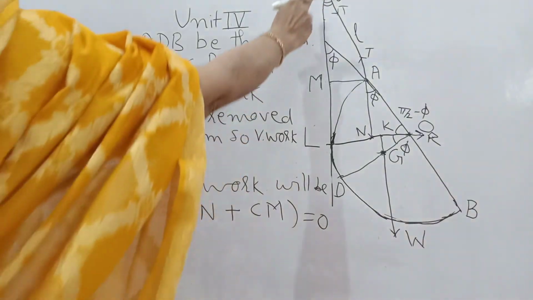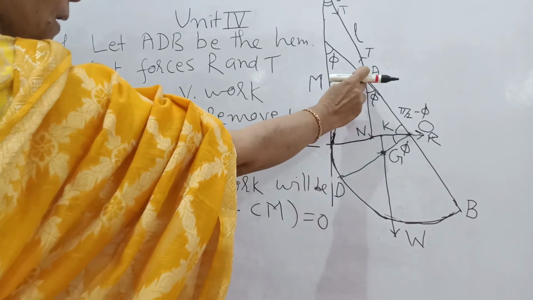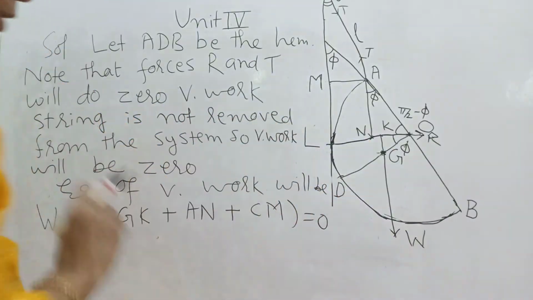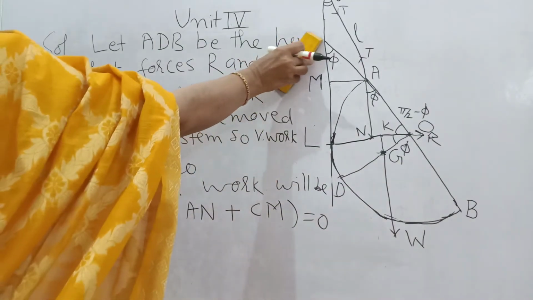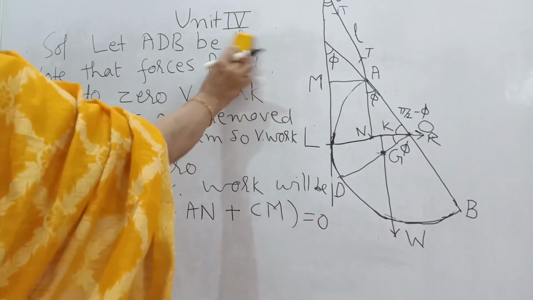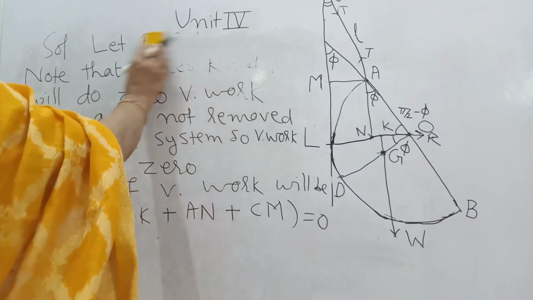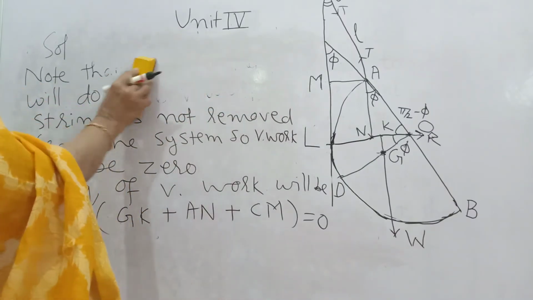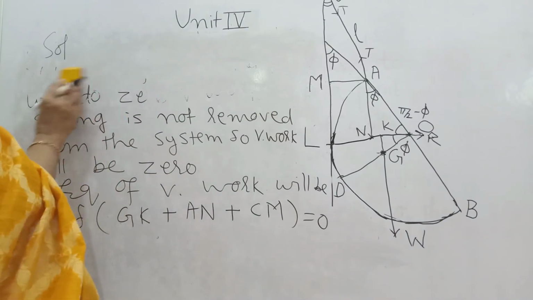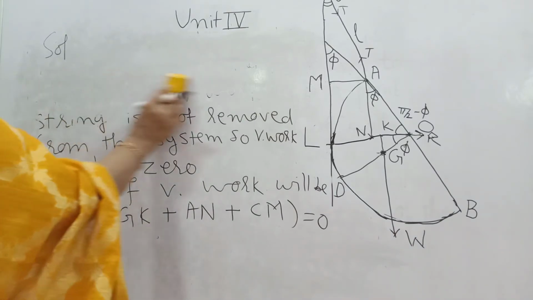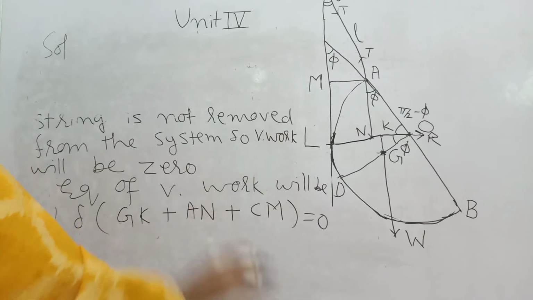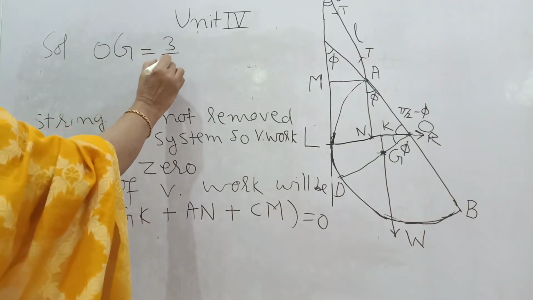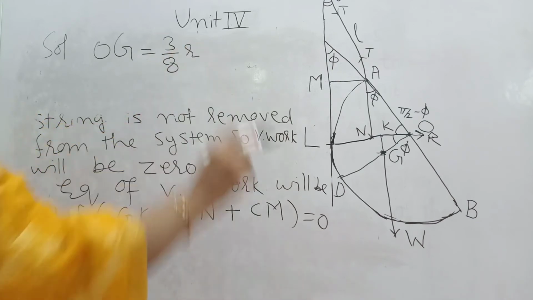You can observe this length plus this length plus this length, that is the total depression of the weight W. Now let us substitute their values in terms of L and R. You can observe that OG is 3 by 8 R. Why?